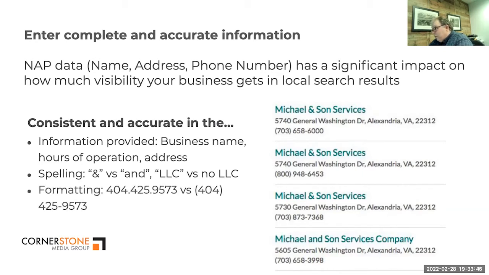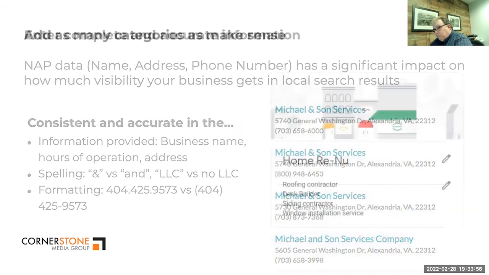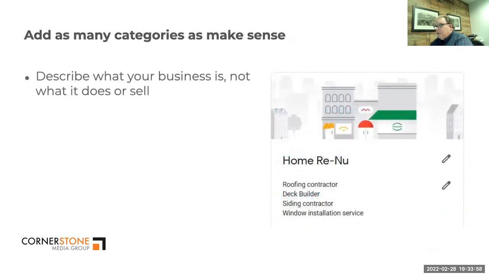Formatting your phone number. I know that sounds crazy, but if you have the brackets around the area code, it's a lot easier to find and to read. Also, you can add as many categories that make sense. Just describe what your business is, not what it does or sells.